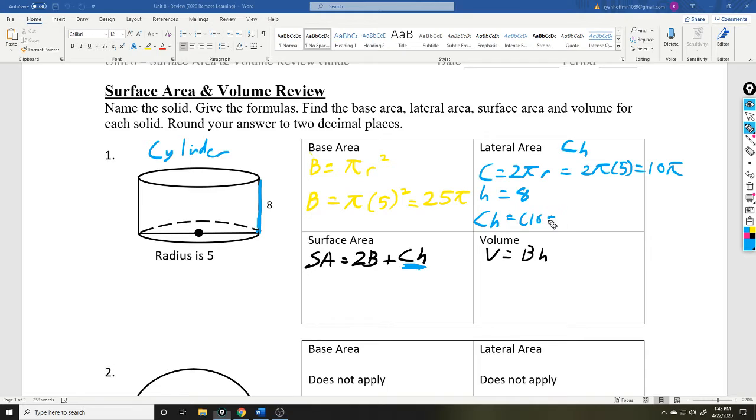10 pi times 8 is 80 pi. So that is this part of the formula. So when we go down here, 80 pi is going to go over here in the second part of the formula.